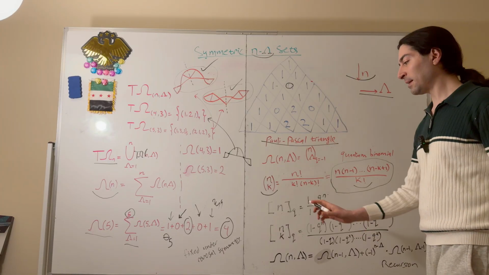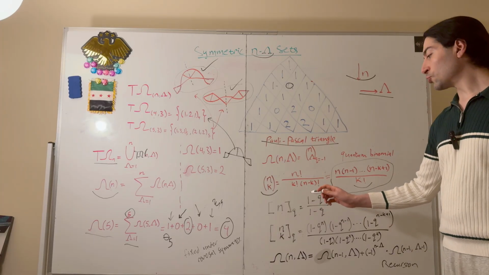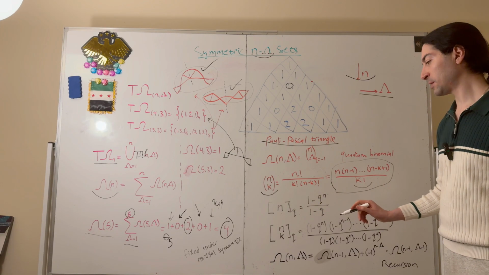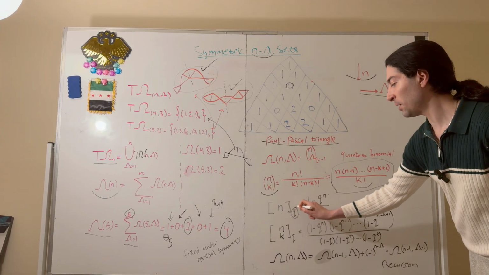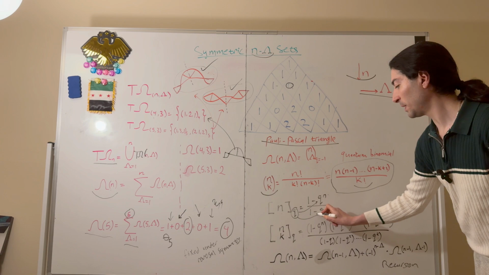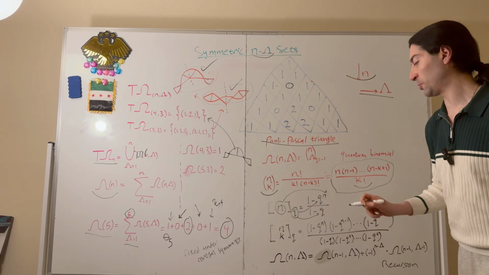So if we take n_q, that equals 1 minus q to the n over 1 minus q. Notice that the q here is in both places, and n here has become an exponent.